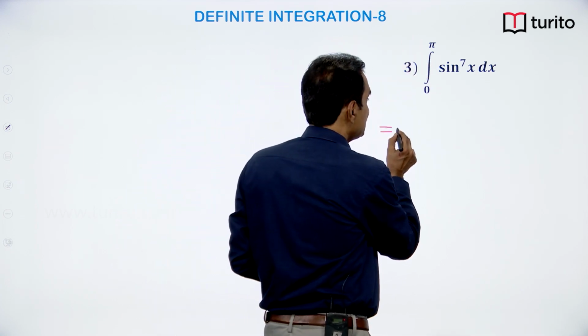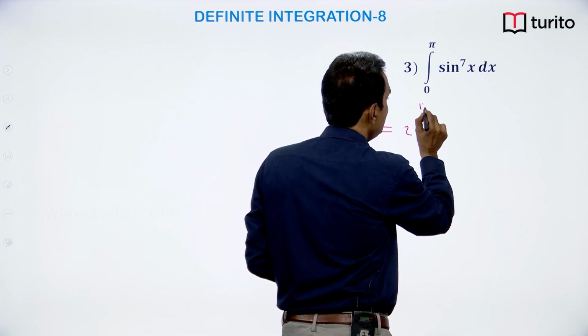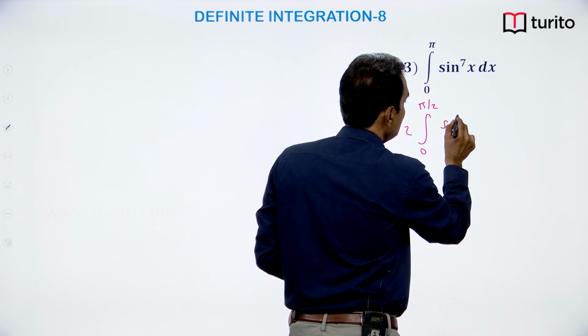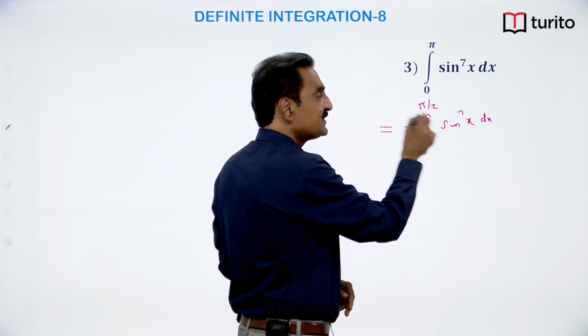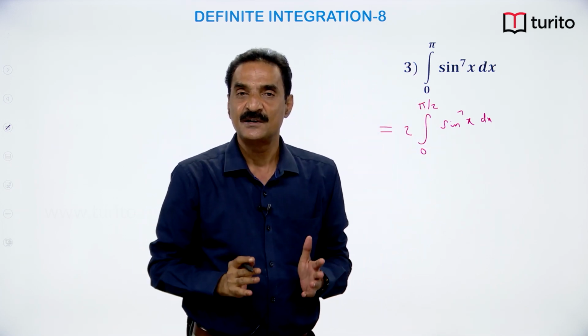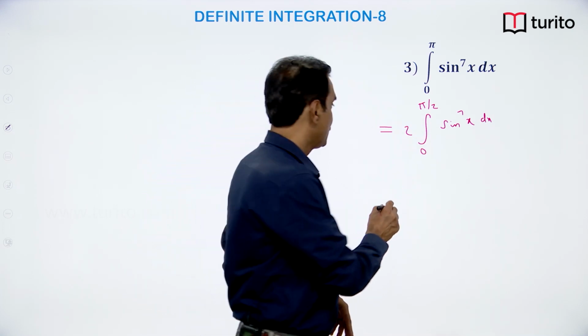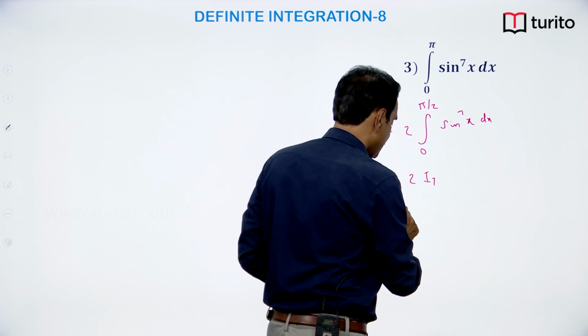So I will write this as 2 integral 0 to pi by 2 sine power 7x dx. Now, since the limits are 0 to pi by 2 standard limits, we can write this as I7, 2 into I7. It is equal to 2 into I7.